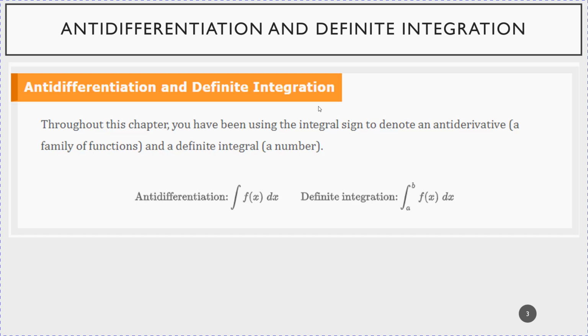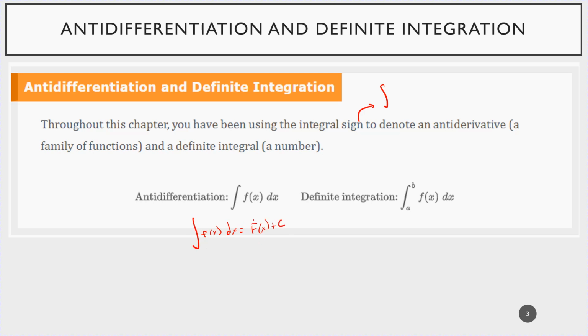Throughout this chapter, in the last couple of lectures, you've been using this integral sign to denote an antiderivative. When you found anti-differentiation, this was equal to capital F of x plus c.